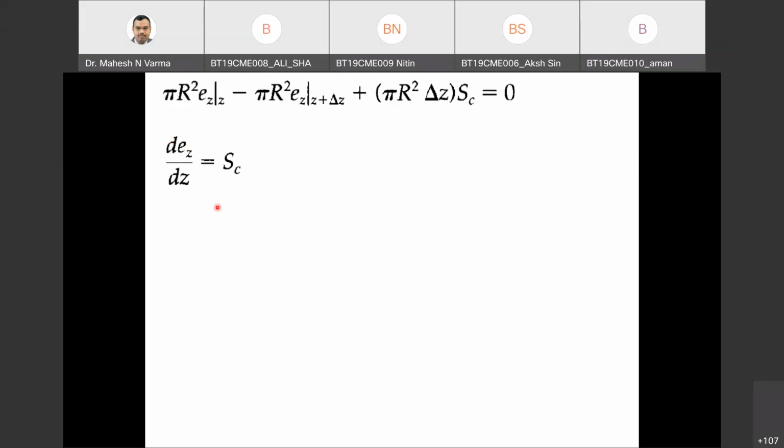Roll number 11, Chetan. What will be the equivalent equation for zone number 1?